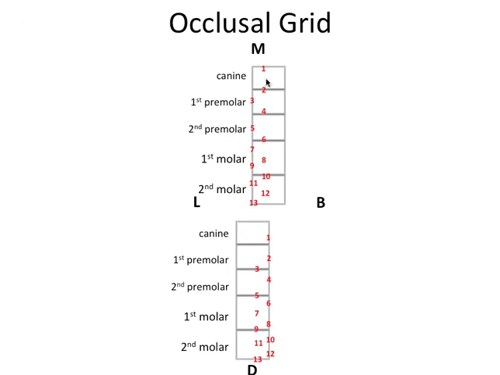Each number refers to a contact point. If you label it from 1 to 13 here, it also translates to 1 to 13 down here. This is referring to that lubule: lingual of uppers, buccal of lowers. It all correlates, and it's really pretty neat.